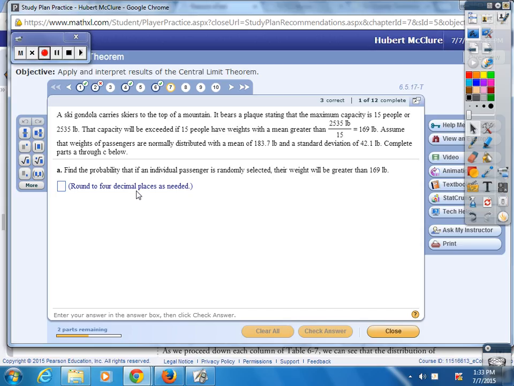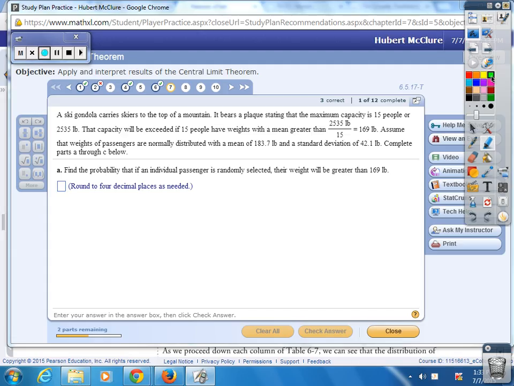Now, what do you do there? Draw a what? Do not get cluttered up with all this junk. Find the mean and standard deviation. Draw a picture. So our mean and standard deviation, normally distributed, with a mean of this and a standard deviation of this.